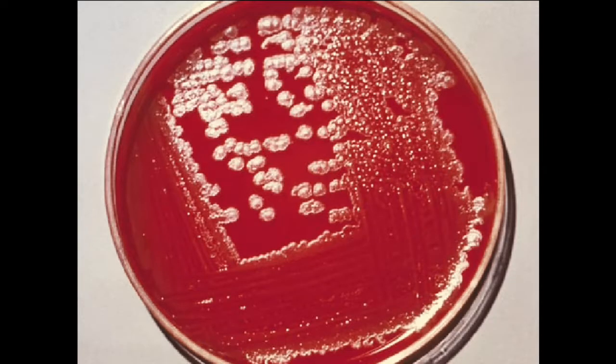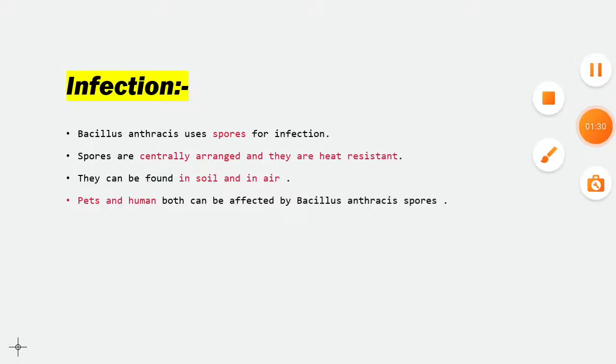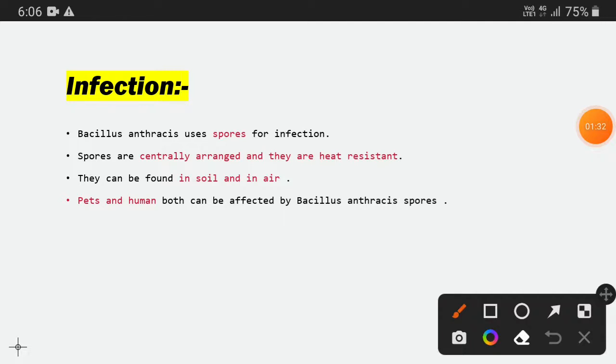So that is the appearance of Bacillus anthracis colonies on blood agar. As I have told you, the spore of Bacillus anthracis has special importance, because Bacillus anthracis uses these spores for infection, meaning that it will enter our body in the form of spores. These spores are centrally arranged and heat resistant, and they can be found in soil and air.